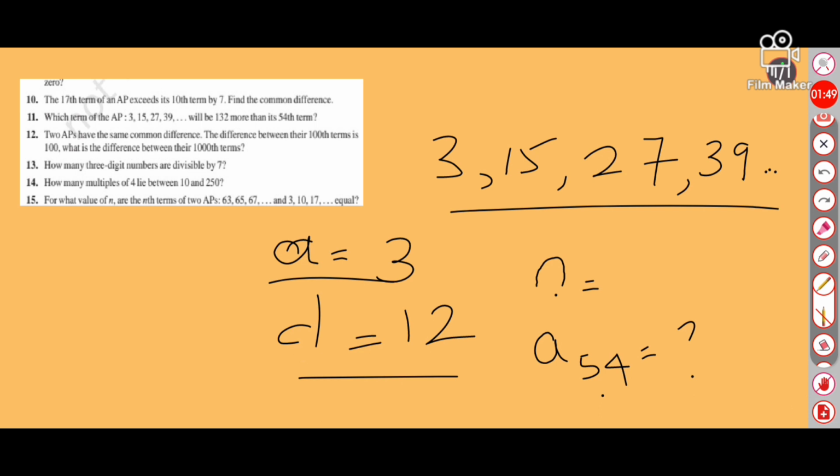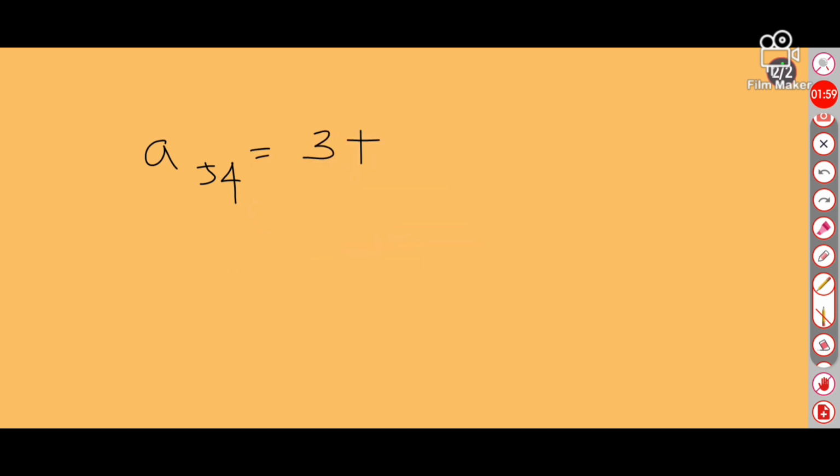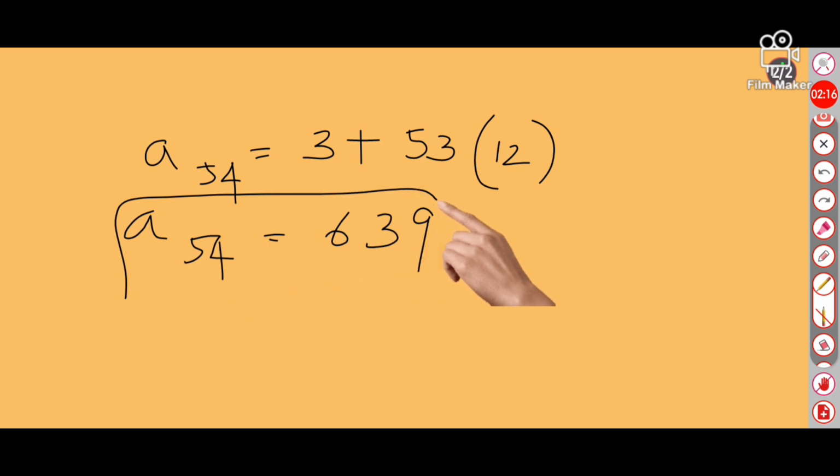So a54 equals 3 plus 54 minus 1, that is 53, into the d value 12. Upon simplifying this, you get the value of a54 is 639. That is the 54th term of the sequence 3, 15, 27.